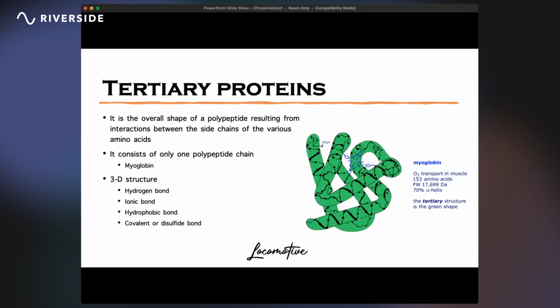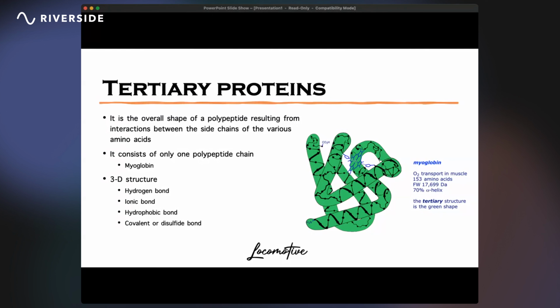And tertiary proteins. It's very, very important. While secondary structure involves interactions between backbone components, tertiary structure is the overall shape of a polypeptide resulting from interactions between the side chains of the various amino acids.